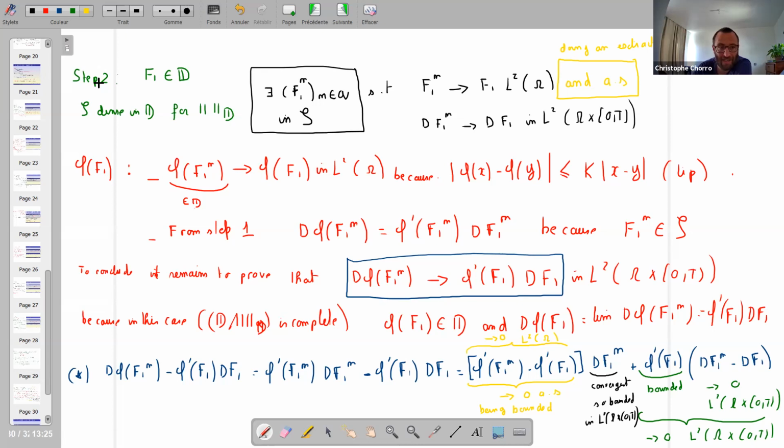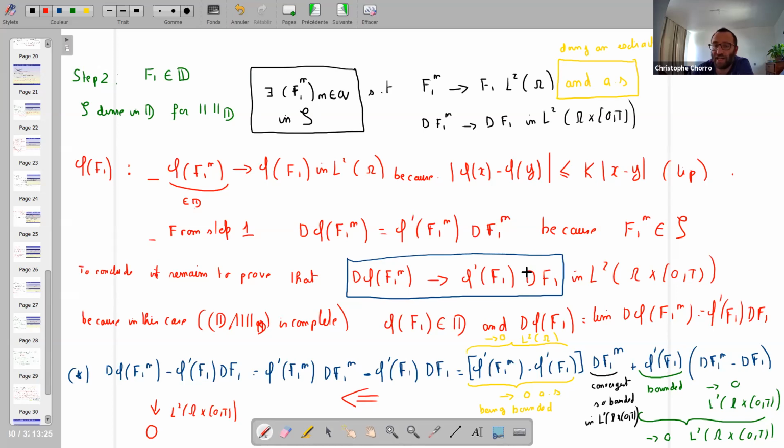And so at the end, this one implies that this one goes to 0 in L2 of omega times 0 capital T. What I have done is exactly what I want. I have found a sequence converging toward phi of F1 such that the derivative of this sequence in D converges toward this one.